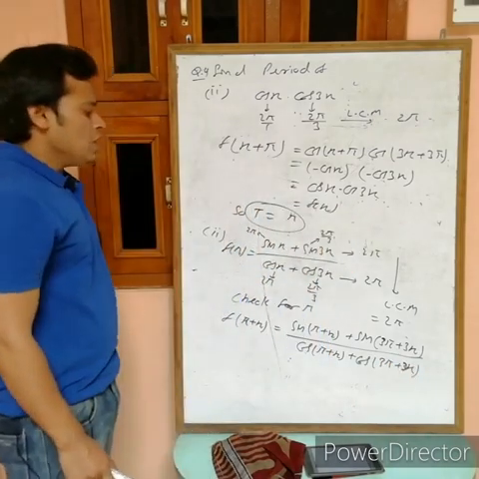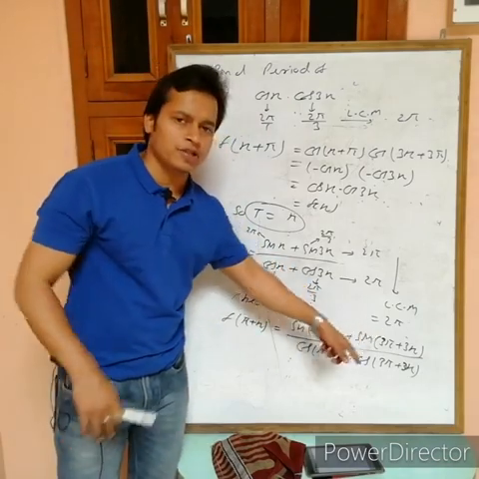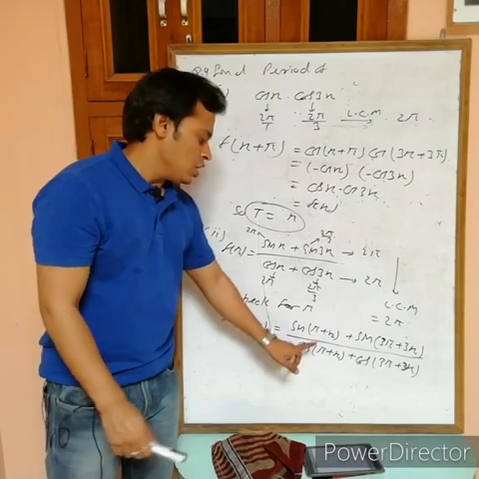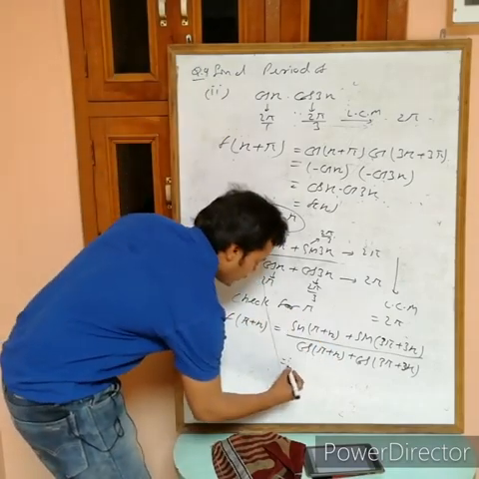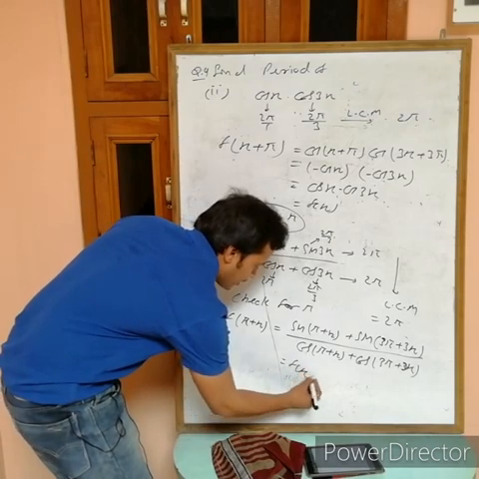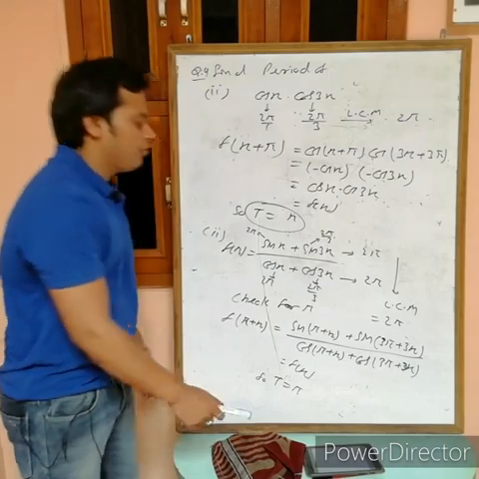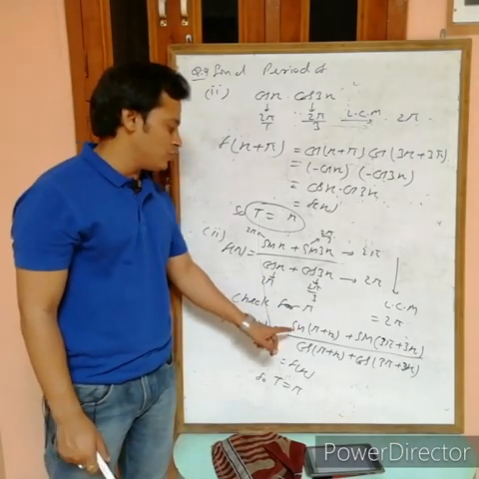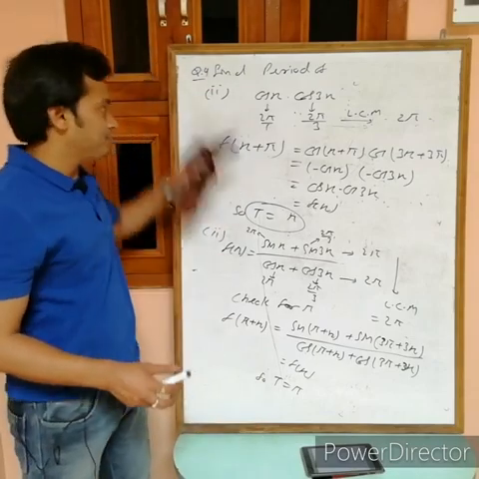Now sin pi plus x is minus sin x. Sin 3 pi plus 3x is minus sin 3x. Minus cos x, minus cos 3x. Taking minus common, you will get this equal to f of x. So the fundamental period is pi. If you put pi by 2 plus x, then this will not be equal to this one. Okay?